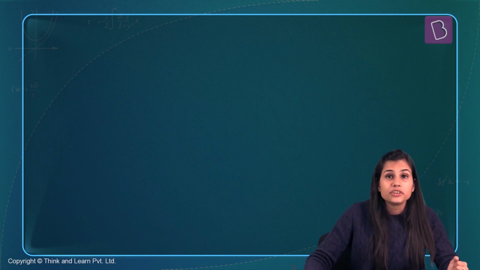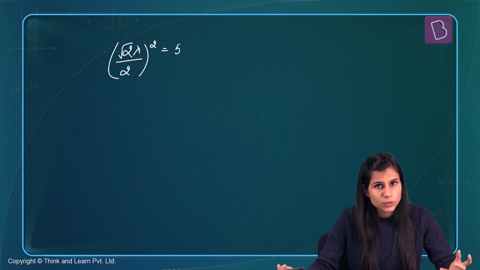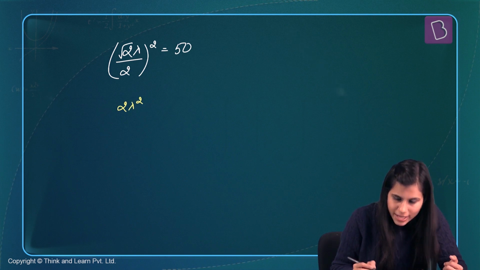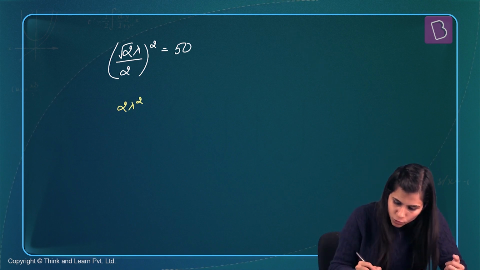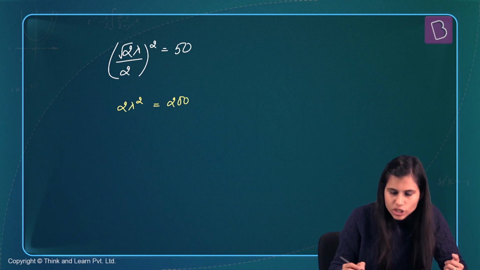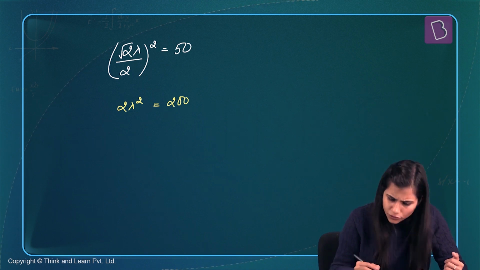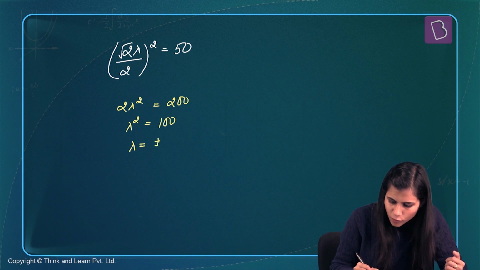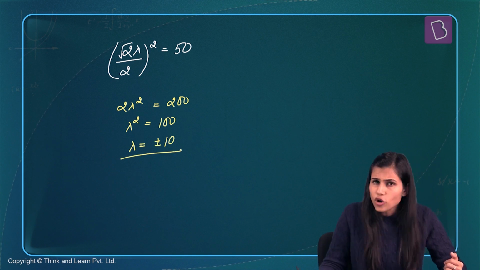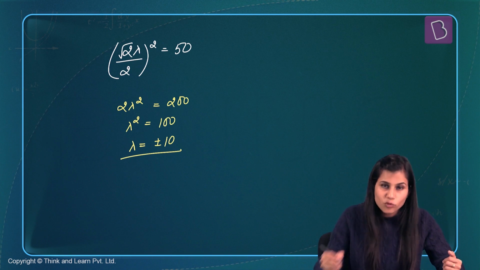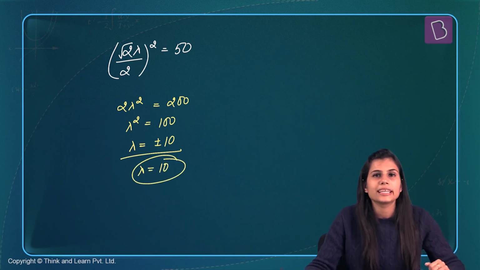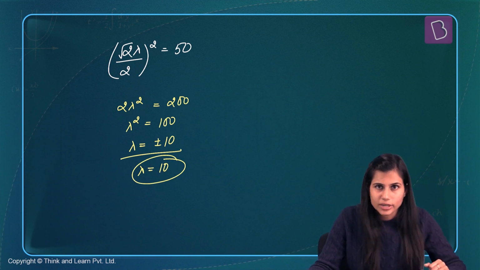What you get is root 2 lambda by 2 whole square equals 50. That gives 2 lambda square by 4 is 50, or 2 lambda square is 200. This gives lambda square equals 100, and lambda is therefore plus minus 10. The options don't have a minus 10, and therefore I'm going to accept the answer as lambda equals plus 10. Got it?